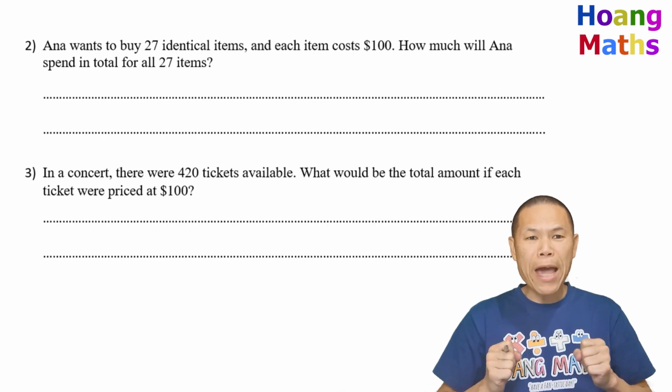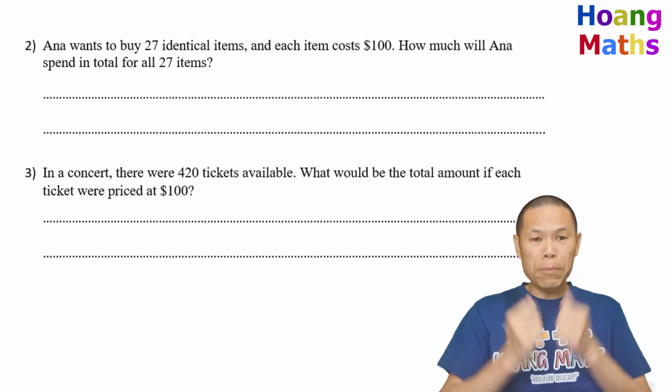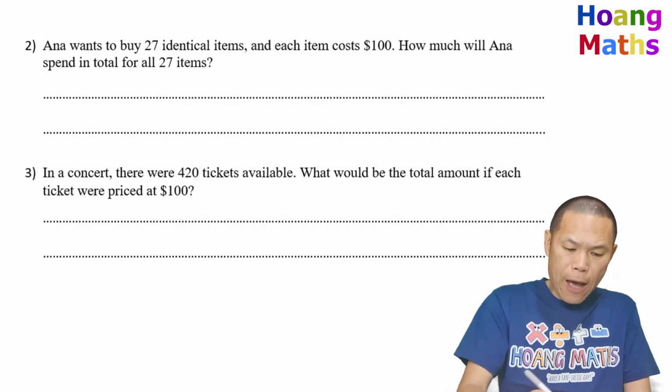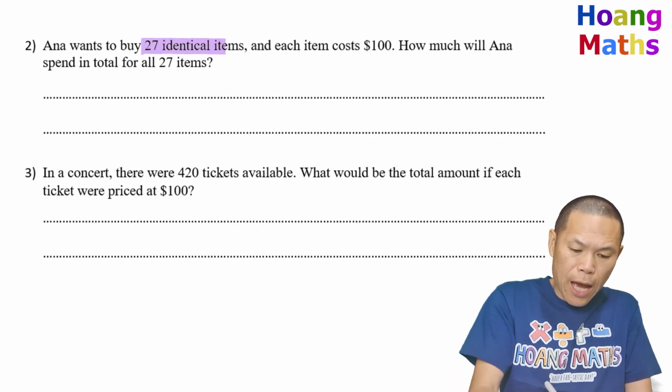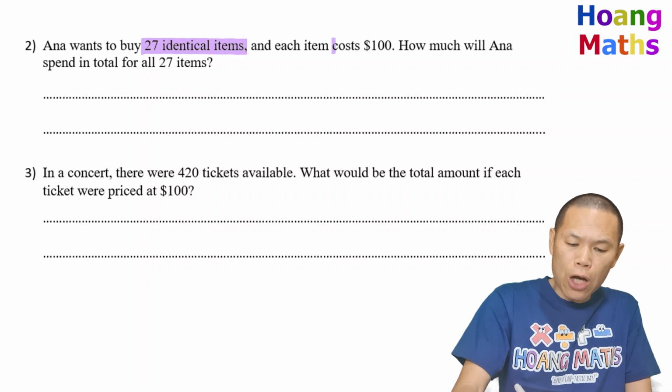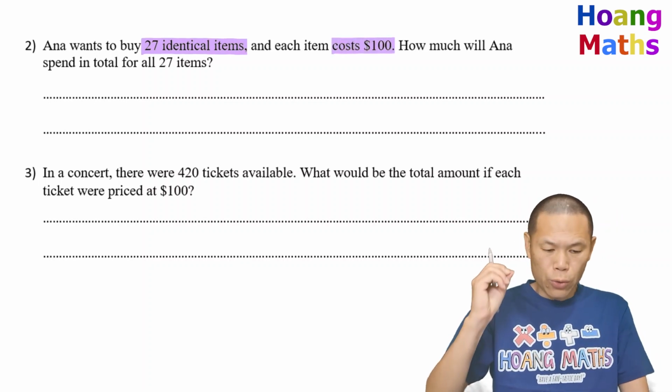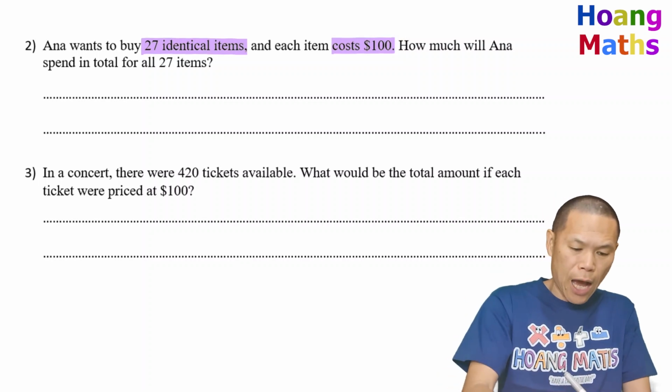Hi there, I'm back. How did you go? Let me just go through them with you. First of all, we know that there are 27 items and each costs $100. To work out the total, we just go 27 times 100.